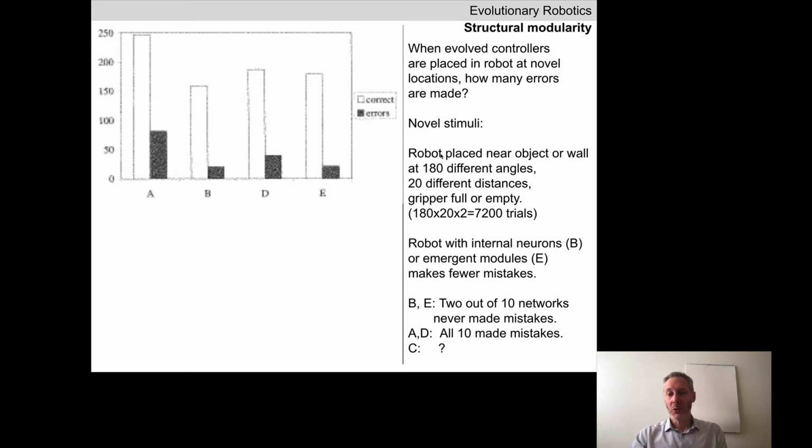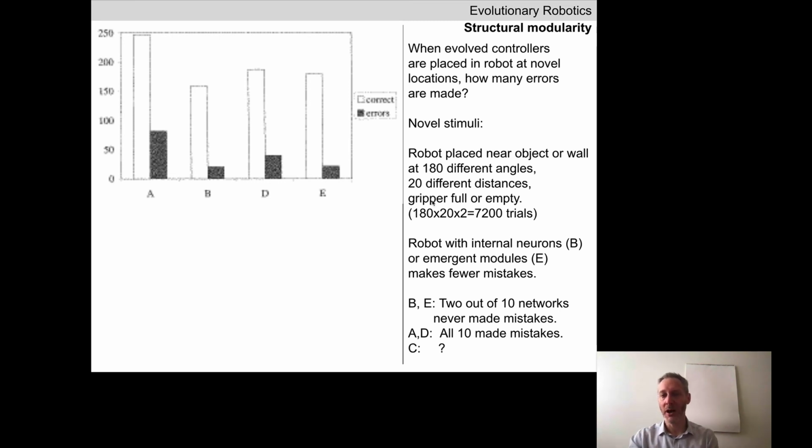So in this case, they were pretty extensive. They took evolved controllers, dropped them back in the robot, and then placed the robot near an object or the wall at 180 different angles. So they placed the robot facing the wall, for example, but also minus 90 degrees, head on, plus 90 degrees. So 180 different angles towards the wall or towards an object at 20 different distances away from the wall or the object.